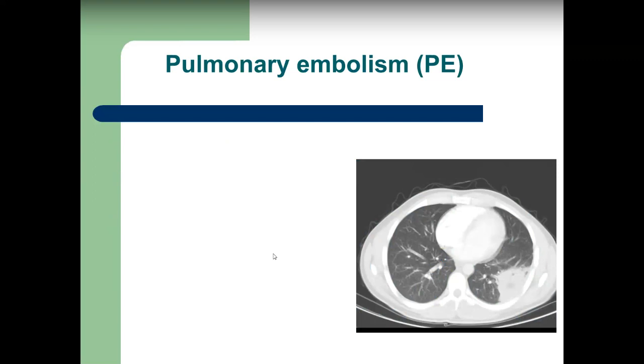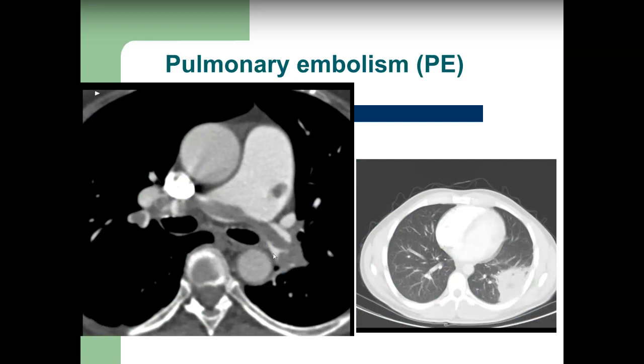But when we inject contrast media, we can find a long thrombus in the main pulmonary trunk and main pulmonary arteries. This is pulmonary embolism. And this condition can be found only by CT with contrast enhancement, CT angiography.